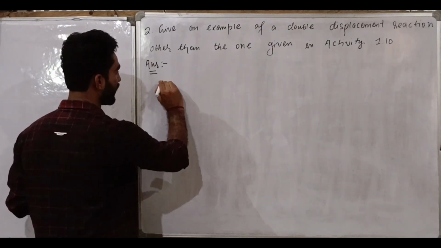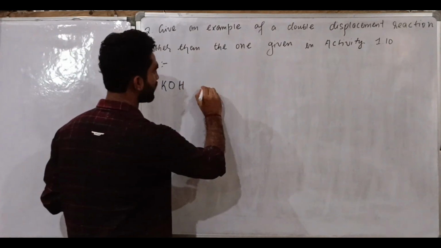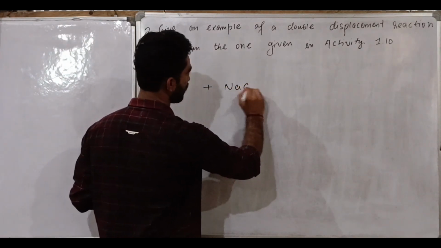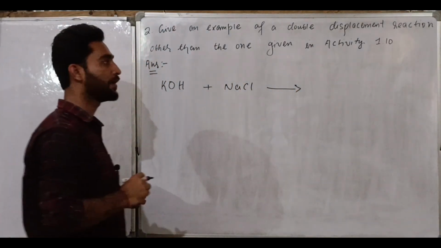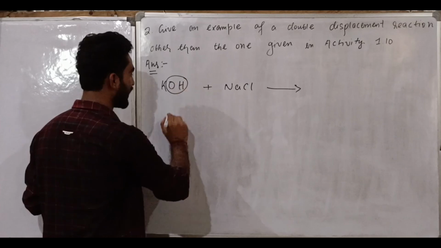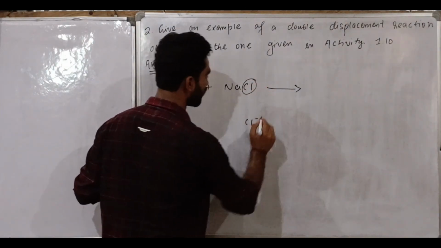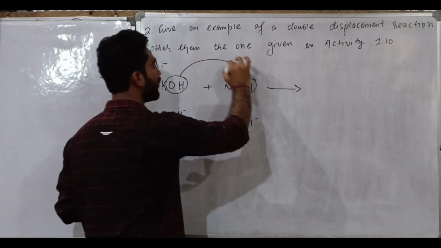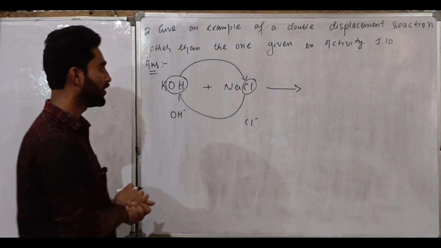So what we can write, for example, potassium hydroxide reacts with sodium chloride. Now, according to the definition of the double displacement reaction, we know that the ions of the two reactants switch places. Here the ion is the OH negative ion, here this one is the chloride negative ion. So this OH will go in place of chlorine and the chlorine will come in place of OH.